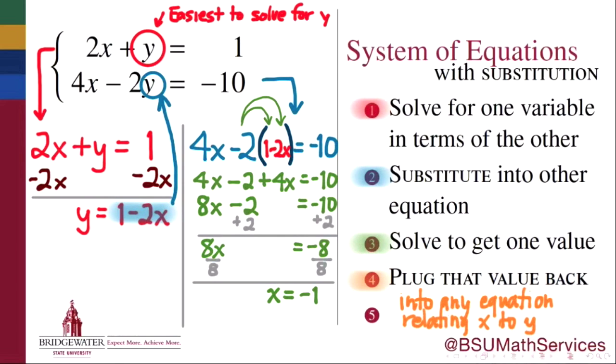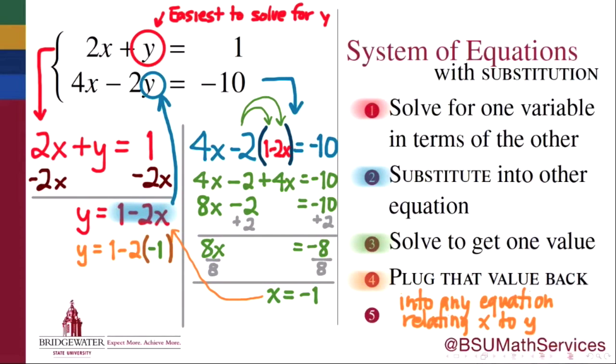We could choose to use either of the two original equations, or, as I'm going to do, we can choose the equation that we got when we solved for y in terms of x. This choice will just save us a little bit of work, giving us now an arithmetic problem rather than an algebra problem to discover the value for y.